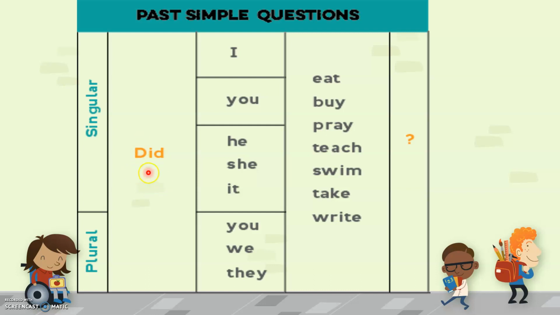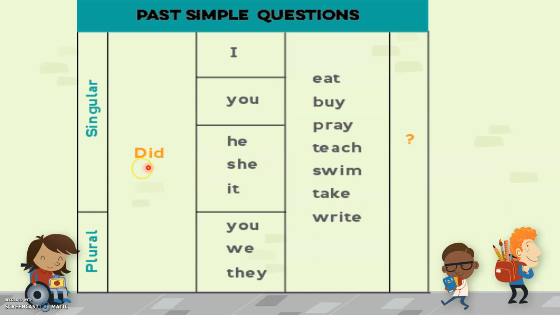So we start with did, then the subject, no matter what subject we are using, then the base form of the verb. So, for example, did you study yesterday? So we need to start the question with did, then the subject, then the base form of the verb.